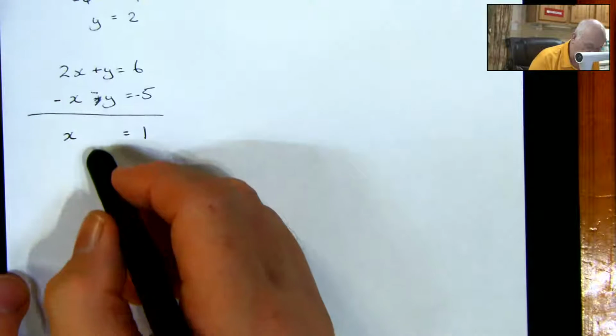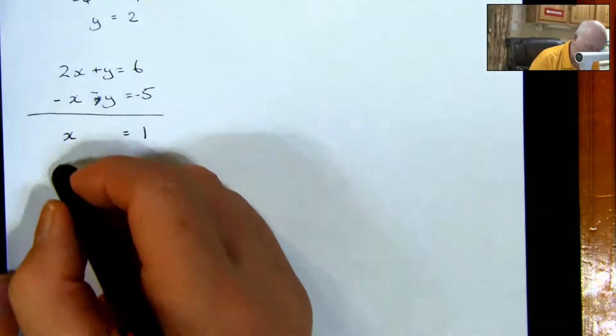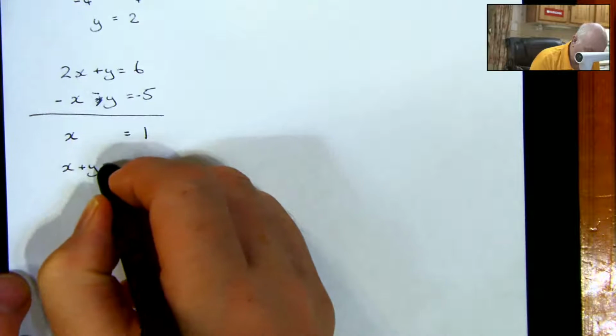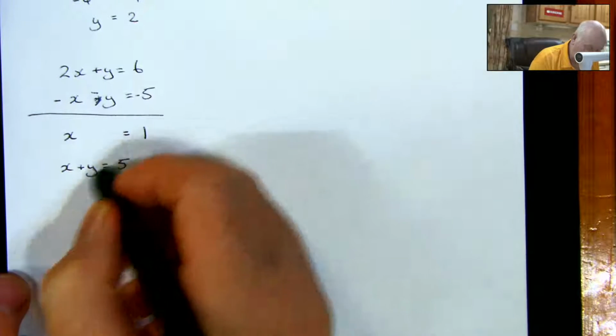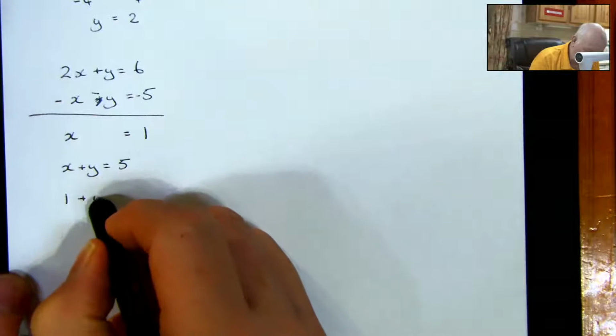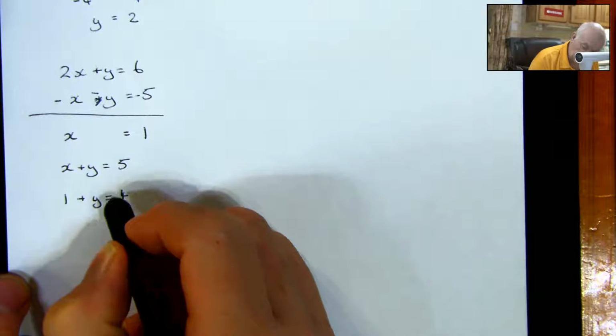Now I can substitute into this, and we did have x plus y equals 5. So if I substitute in the x in there, it's going to be 1 plus y equals 5.